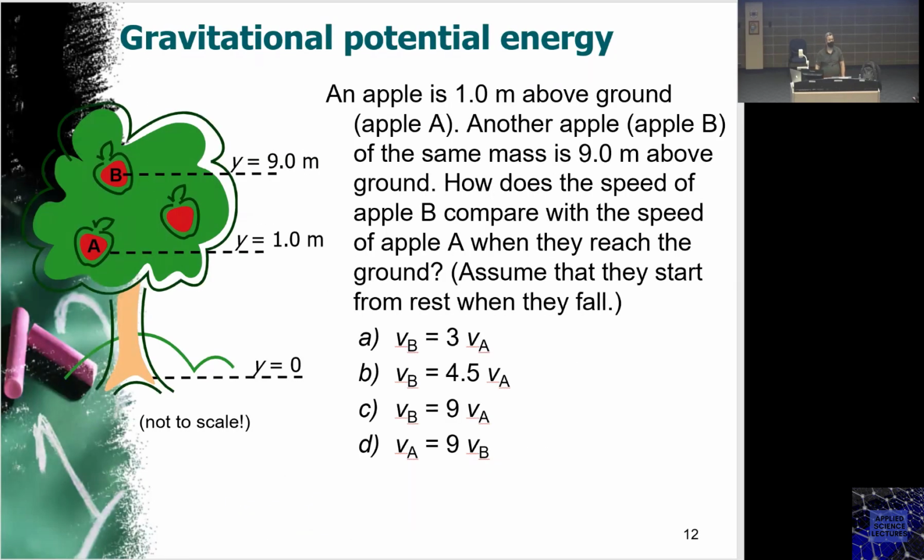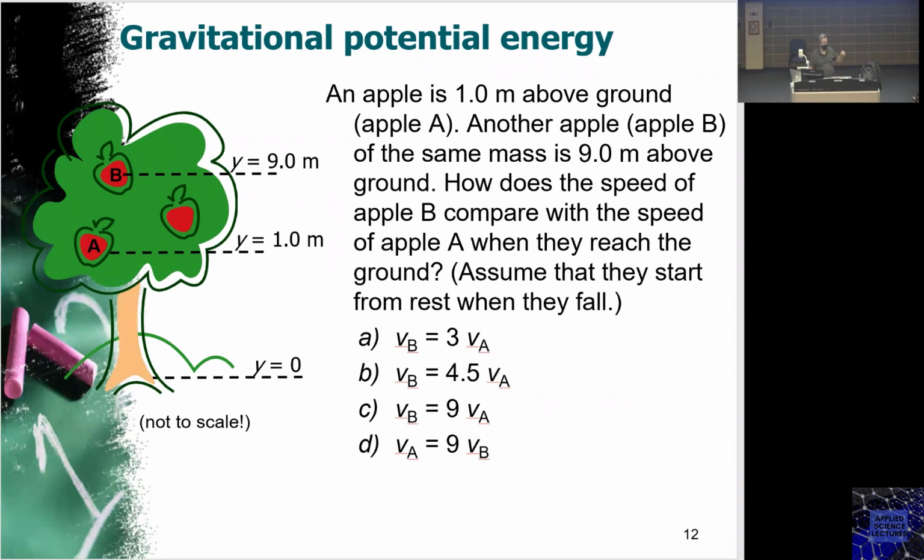Now let's look at this example. Here, in this example, we have two apples that have the same mass. One of them is at a height of 1 meter, and the second one is at a height of 9 meters. What is the speed of apple B that is at the height of 9 meters in comparison with the speed of apple that is at 1 meter when both of them reach the ground, just before they hit the ground?